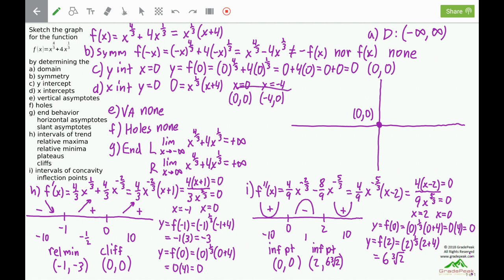It has 2 x-intercepts. One of them is the origin. If the origin is the y-intercept, it will also be one of the x-intercepts because it's technically crossing both axes there. But we have another one also at -4, 0. Label that one.